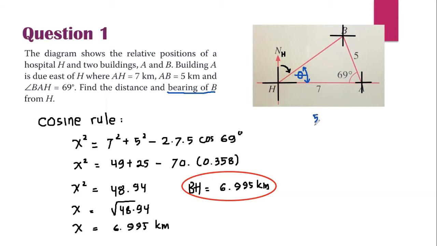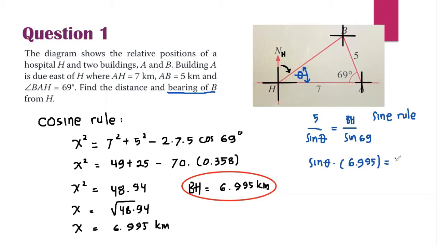5 over sine theta equals BH over sine 69, right? We call this sine rule. So to find sine theta, use cross multiplying. BH is 6.995, right?